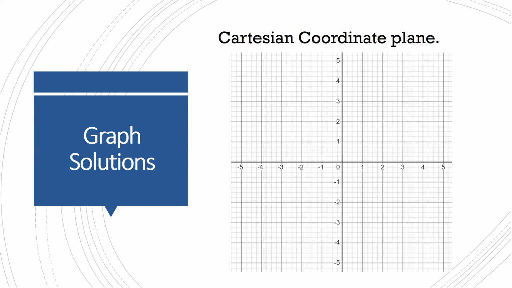So because we end up with infinitely many ordered pairs that work, we can't actually write down all of the ordered pairs that work. So what we're going to do is we're going to graph all of the solutions. Graphing ordered pairs requires us to put points on the Cartesian coordinate plane. If you don't know what the Cartesian coordinate plane is and how to graph points on that, I will link a video to the Cartesian coordinate plane in the description below.